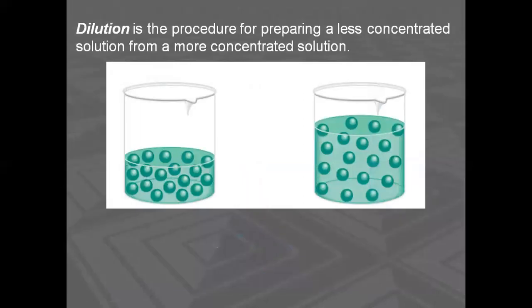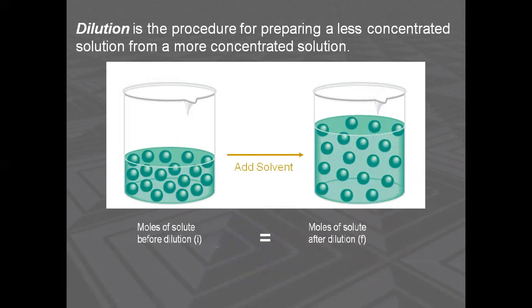Furthermore, dilution is a procedure for preparing a less concentrated solution. In this category, two types of solutions are considered: stock solution and prepared solution. We can prepare the prepared solution from the stock one.